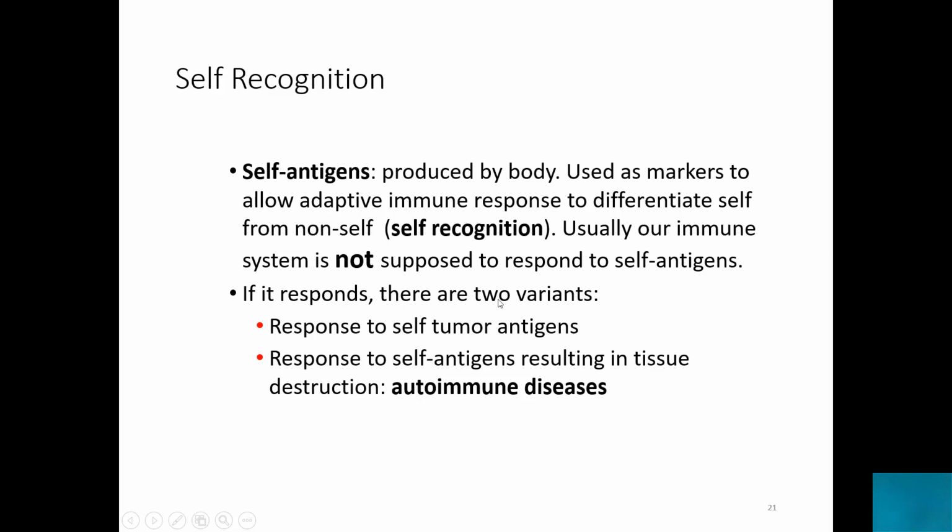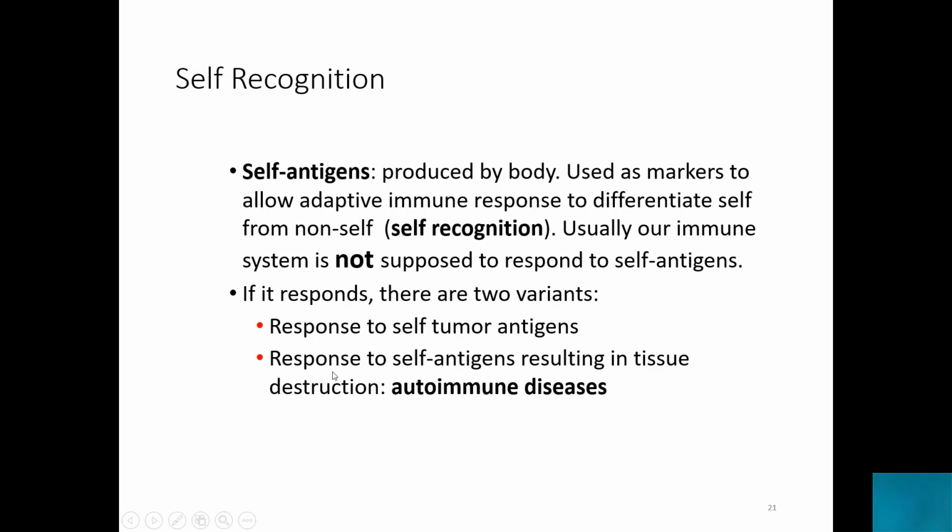If it responds, there are two variants. First, response to self-tumor antigens. When our own cells start growing and turn into tumors, cancers, they change so much that our immune system cannot recognize them as self anymore and starts attacking them, which is very good and beneficial for us.